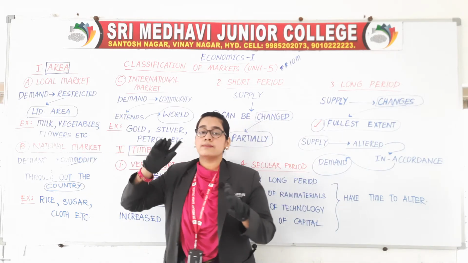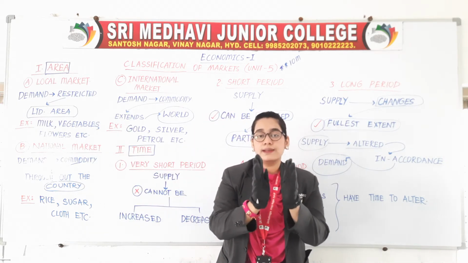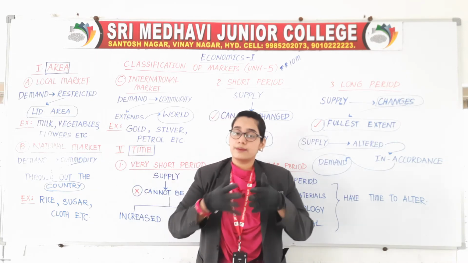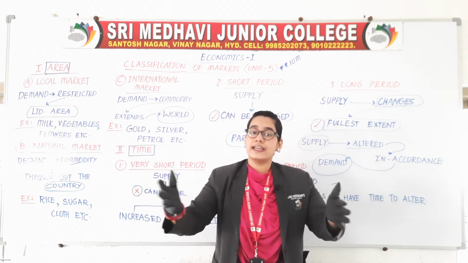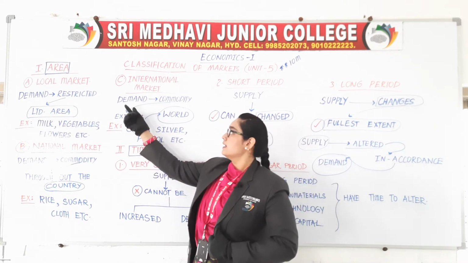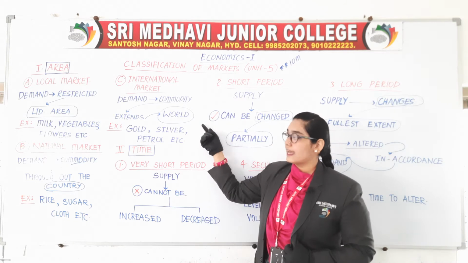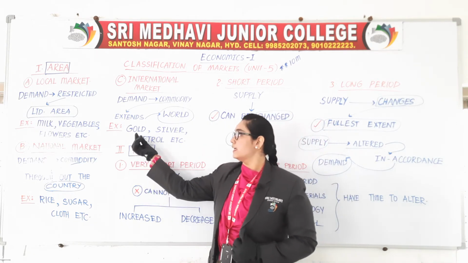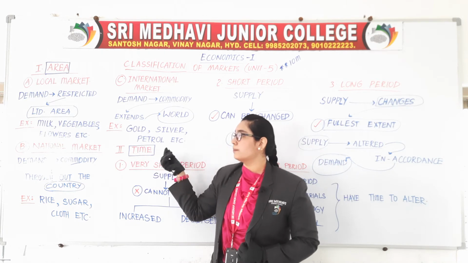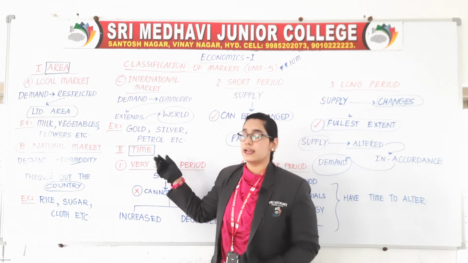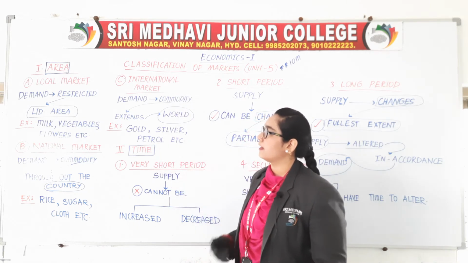Local market, the demand is restricted to a limited area. For national market, the demand for a commodity is extended throughout the country. Then international market, the demand for a commodity extends throughout the world. For example, gold, silver, petrol, etc. This kind of market is known as international market.